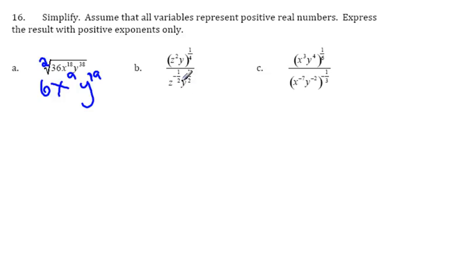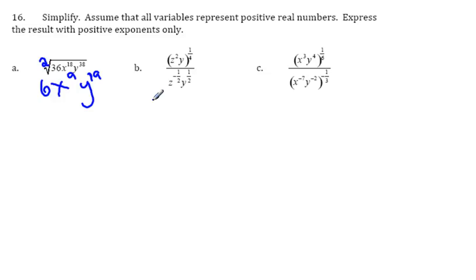Okay, when we come to B, we have z squared y raised to the 1/4 power over z to the negative 1/2 y to the positive 1/2. The first thing I'm going to do is get rid of my parentheses in the numerator by taking that to the 1/4 power. Remember, the rule is when you're taking a power of a power, we multiply the exponent.